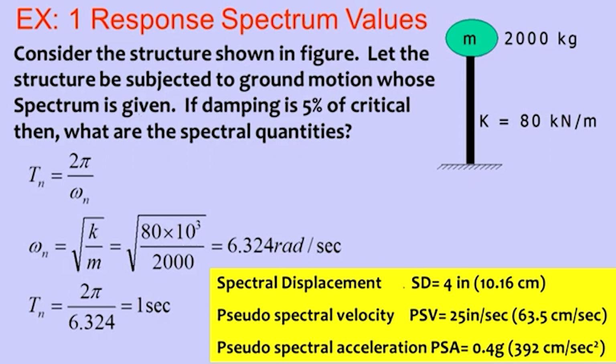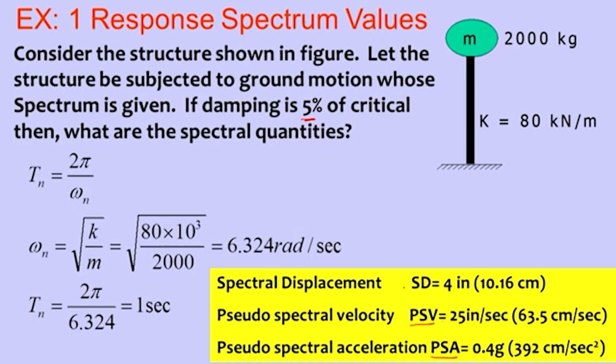So the spectrum is known to us. If damping is 5% of critical, then what are the spectral quantities? Spectral quantities means we need spectral displacement, spectral velocity, and spectral acceleration. We will discuss why we call it pseudo spectral acceleration or pseudo spectral velocity in the next class. So this is spectral displacement, this is pseudo spectral velocity, and this is pseudo spectral acceleration.